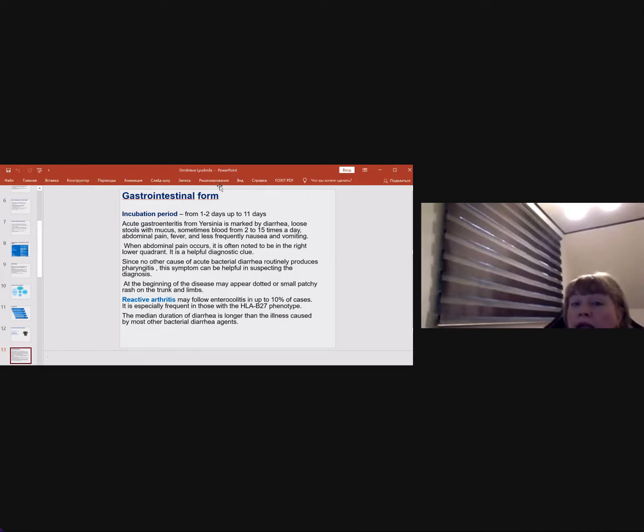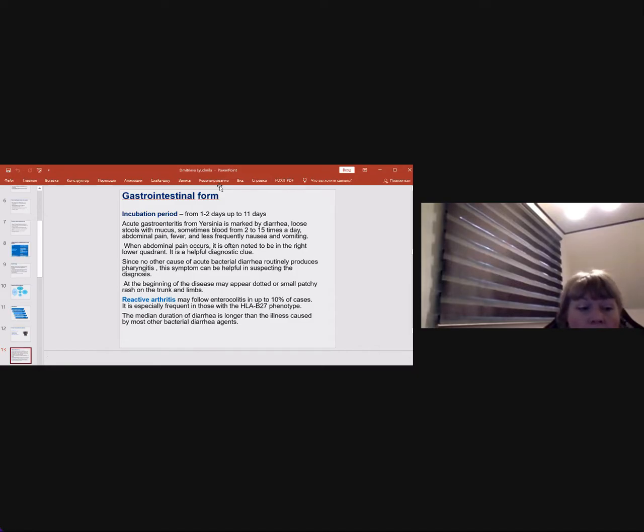The median duration of diarrhea is longer than the illness caused by most other bacterial diarrhea agents. Long-term diarrhea in Yersiniosis is longer than in other GIT infectious diseases.